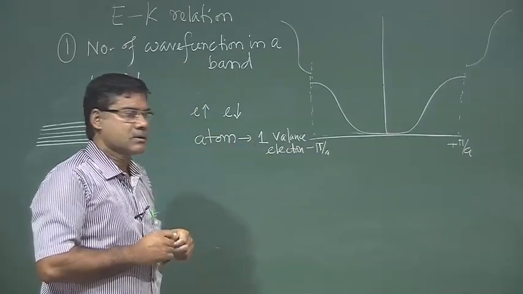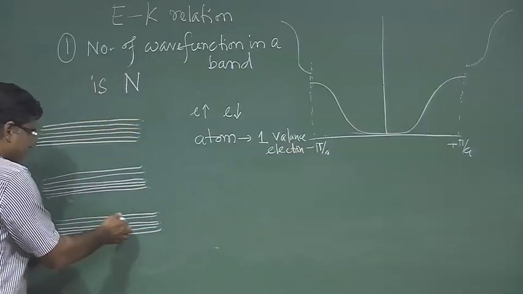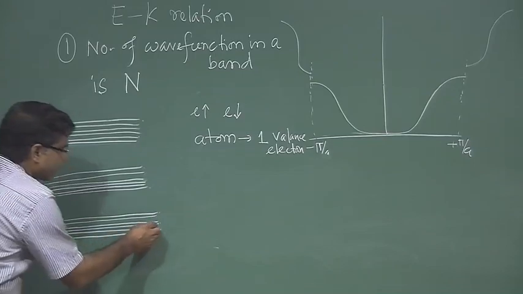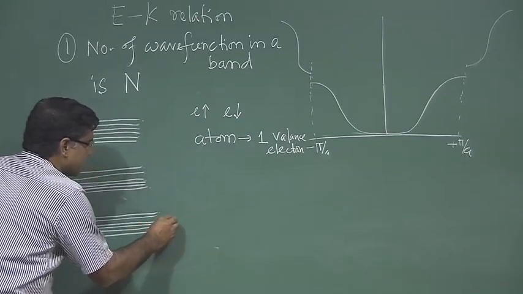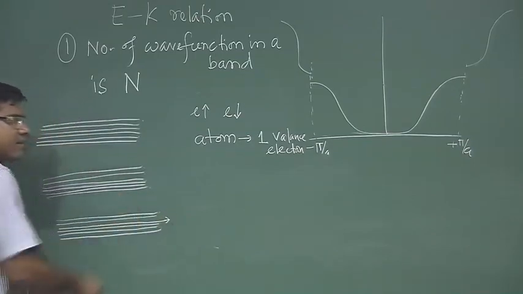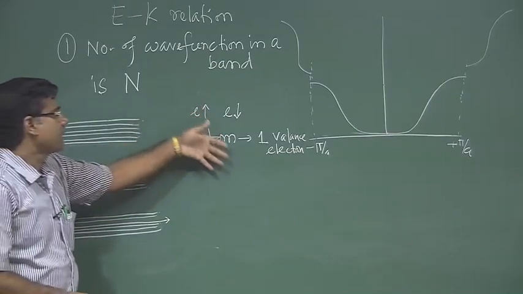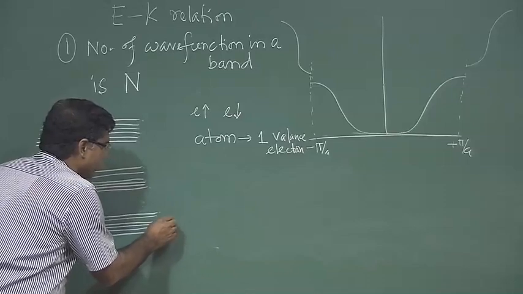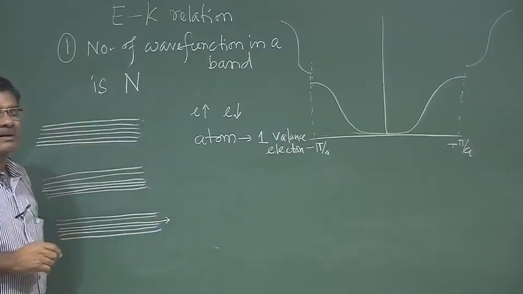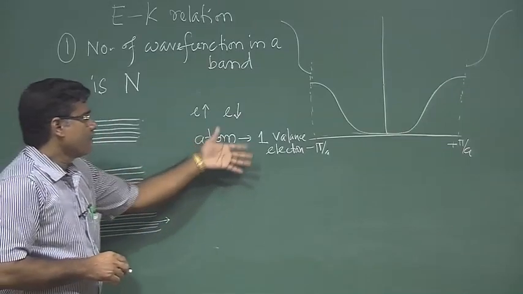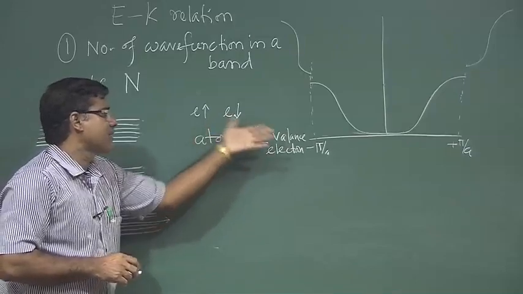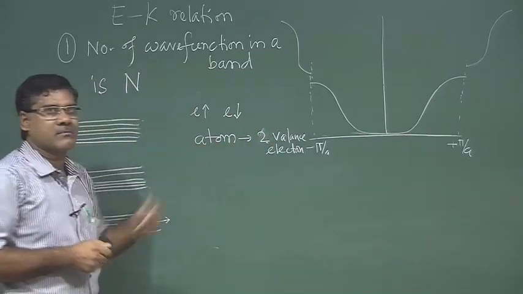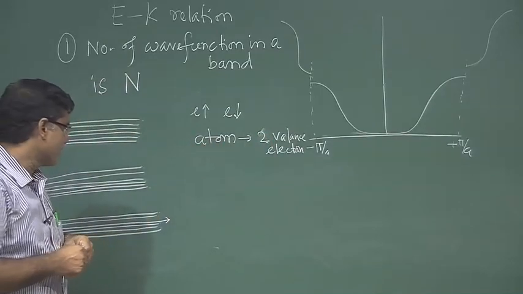Okay. So, this first Brillouin zone, this first band, will be half filled, because it can take 2n electrons, but our total number of electrons is n. So, it will be half filled. Okay. Now, if two valence electrons are there per atom, then what will happen?